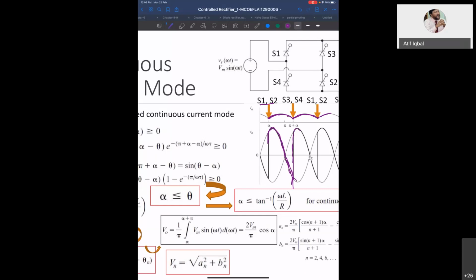Now at this moment, your S3 and S4 are on, so you go to the other rectifier. The upper one is the positive cycle, the lower one is the negative cycle. So it will follow the positive cycle from here to here, and then it will follow the negative cycle. Do you understand this?